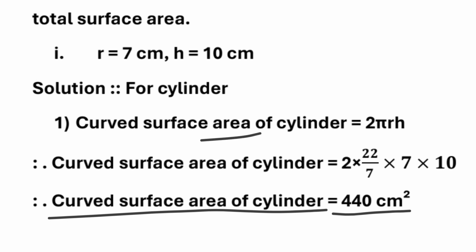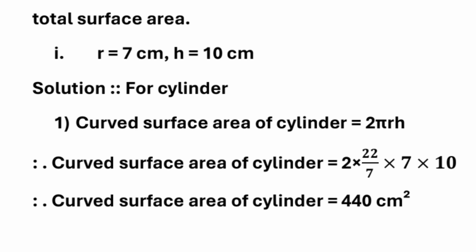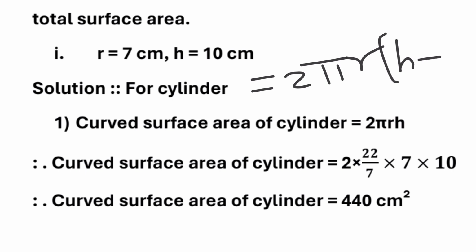Then we will find out next the total surface area with the help of R and H. Total surface area is equal to 2 pi R bracket H plus R, or R plus H. This is the total surface area of a cylinder.